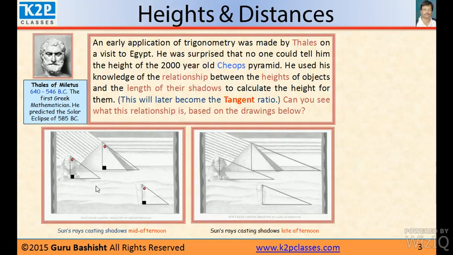The human beings at that time used proportional ratio. If two triangles are similar, then their corresponding sides' ratios are the same. So if a person is standing here and this is the person's shadow, we can find the length of the shadow, and we can also find the length of the person because it is a small height, and then this angle can be found.